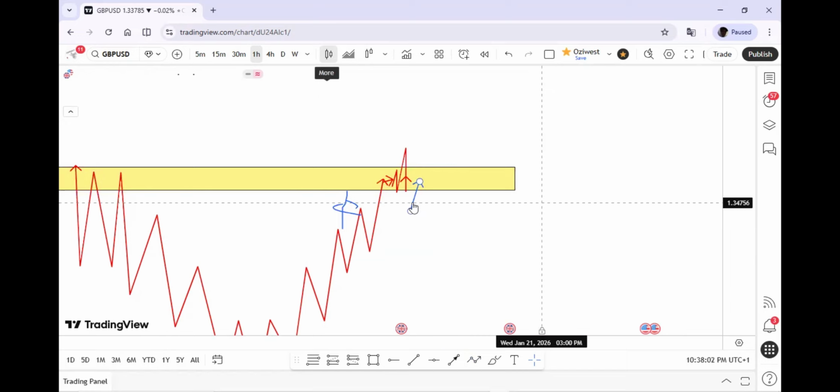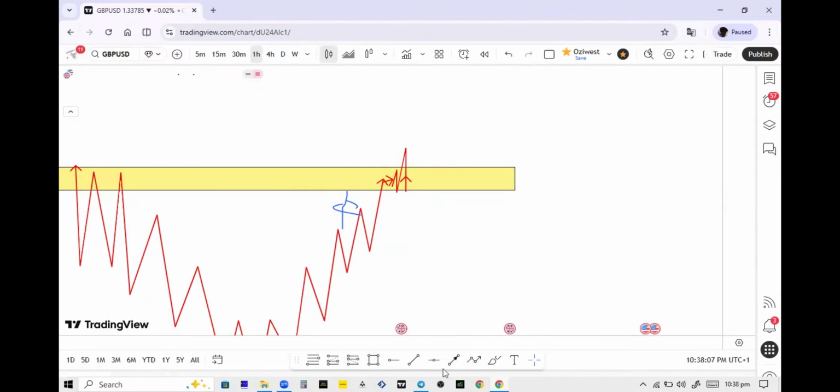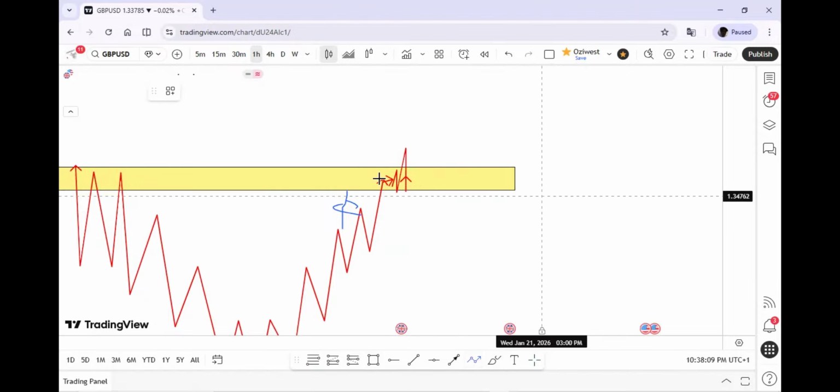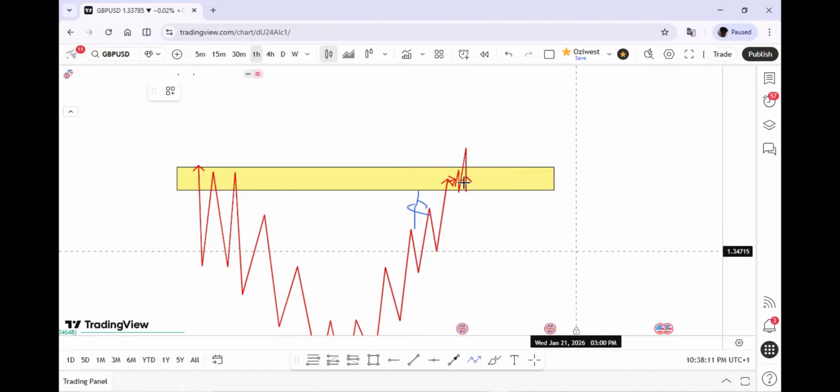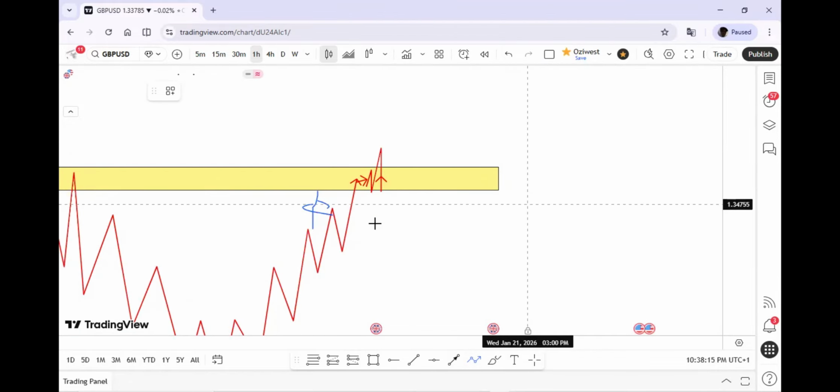Now for head and shoulders, price has gotten to that 4-hour level of resistance, and we have that bullish trend here: higher high, higher low, higher high, boom, double bottom, lower high point.